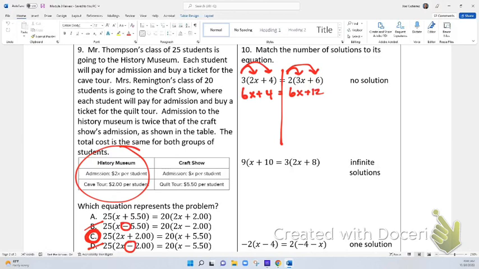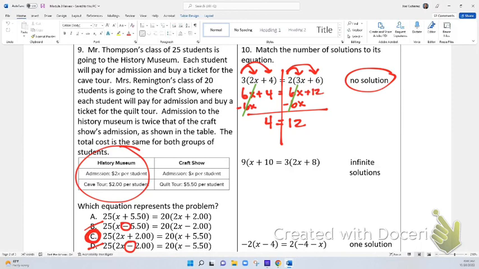If we solve for x, you subtract 6x, subtract 6x. These go away and these go away, so you're just left with a 4 and a 12. Because I don't have x, it can't be one solution. So when you just look at the 4 and the 12, those numbers are not the same. So this one would be the example of a no solution.